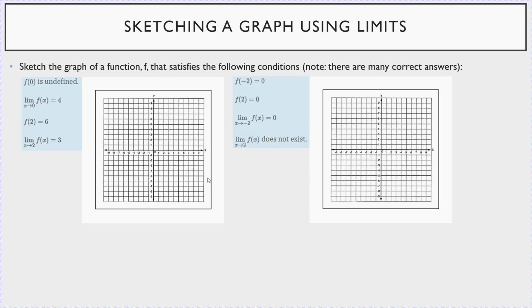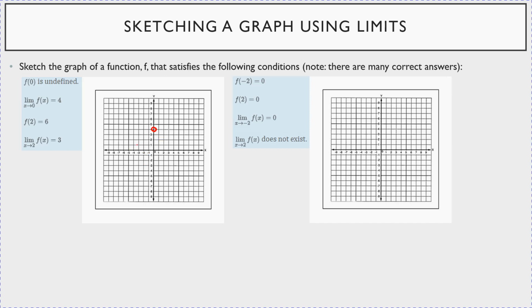The first one says f of 0 is undefined. But listen to this: the limit as x goes to 0 is equal to 4. So what that means is it's undefined, but the limit exists. So there has to be a hole in here, and the function on both sides has to come up really close to it.